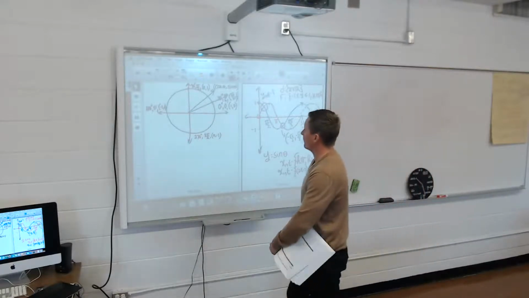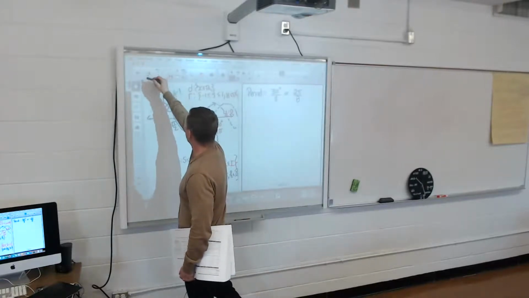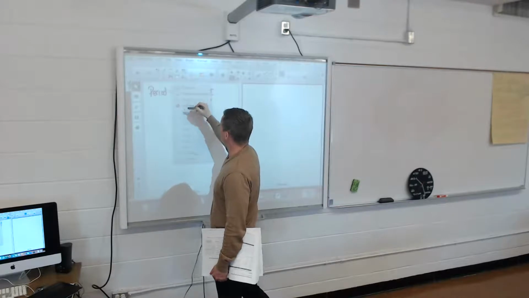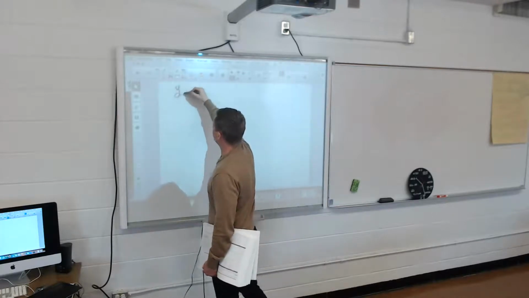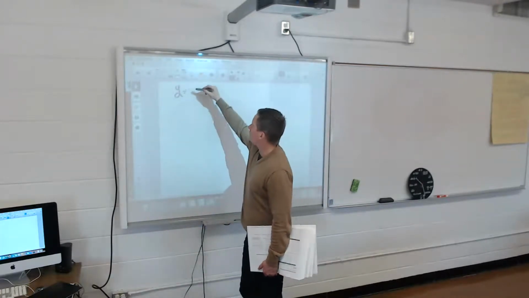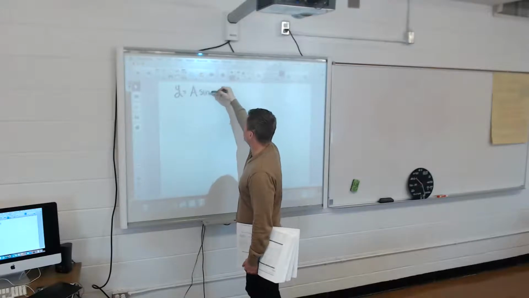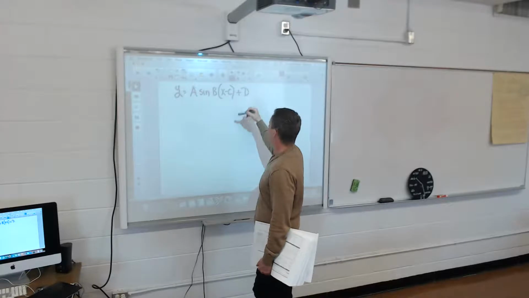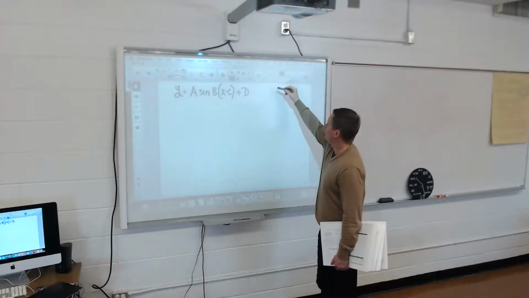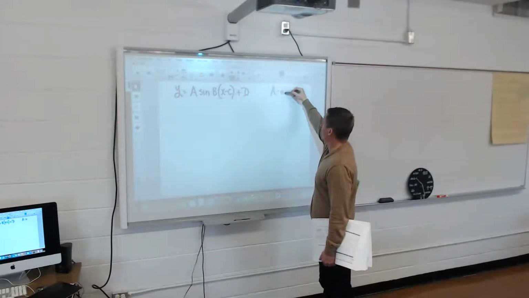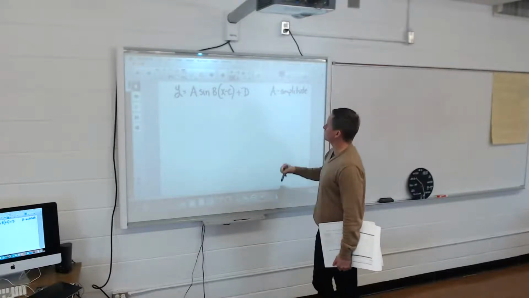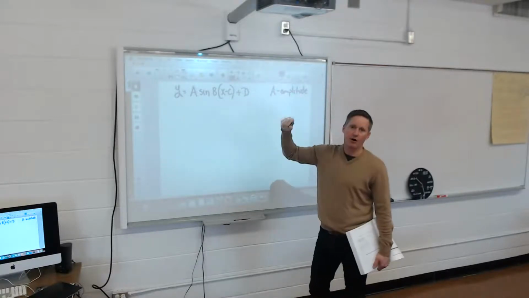One of the other things I want to look at that we have done this year so far is our standard equation for a sine graph. Y equals a sine b x minus c, add d. Okay? A is my amplitude, which means it's a vertical stretch of all the y values.